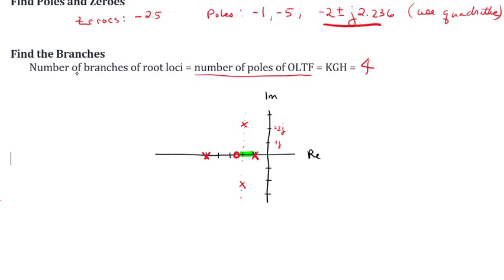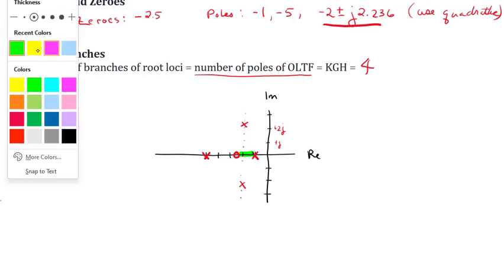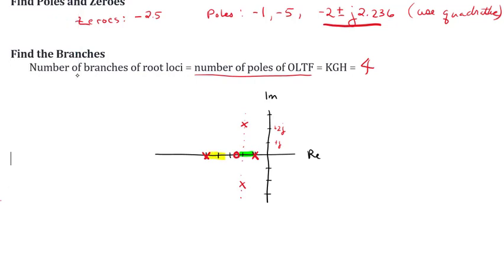What about here in yellow? No, because there's 2, which is even, 2 poles plus 0 zeros to the right of the yellow, so that's not going to happen. And what about here? That one does exist because there's a pole, a 0, and a pole. That's 3 to the right of it, so that one does exist.